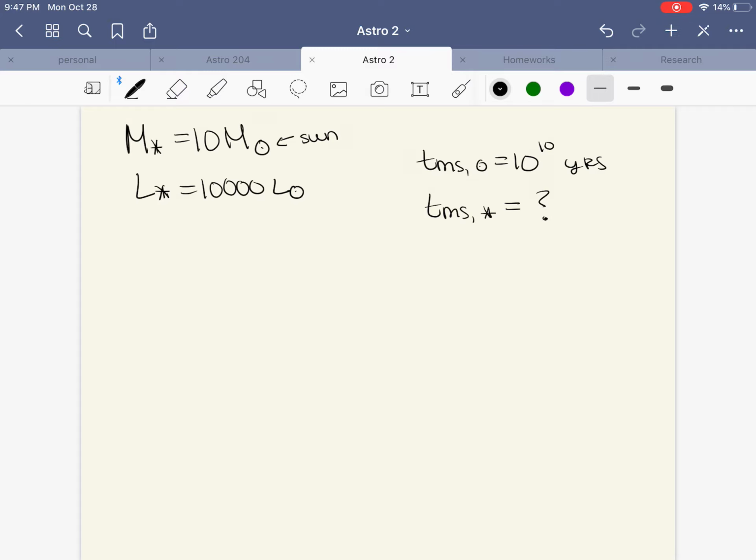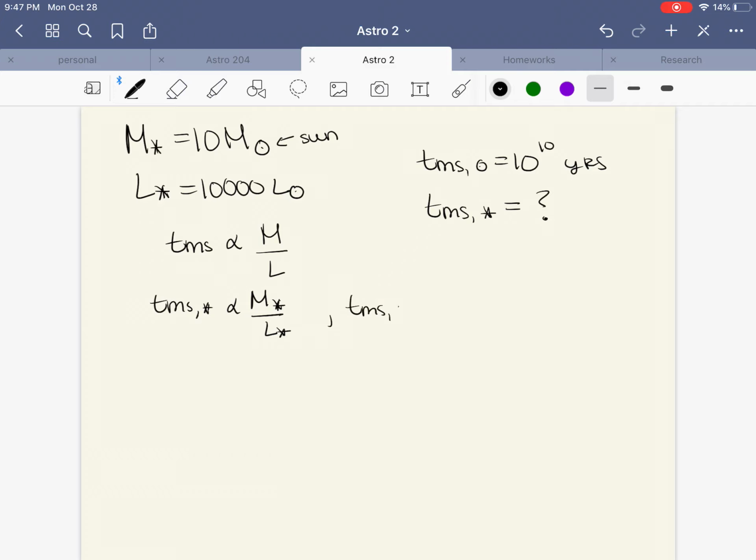So I'm going to look for an equation that has mass, luminosity, and time on the main sequence. And it's going to tell me that time on the main sequence is proportional to mass over luminosity. So I'm going to do my 2 versions. Time on the main sequence for this star, proportional to mass of this star over luminosity of this star.